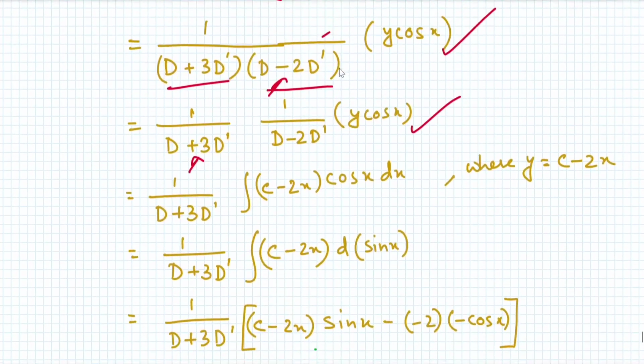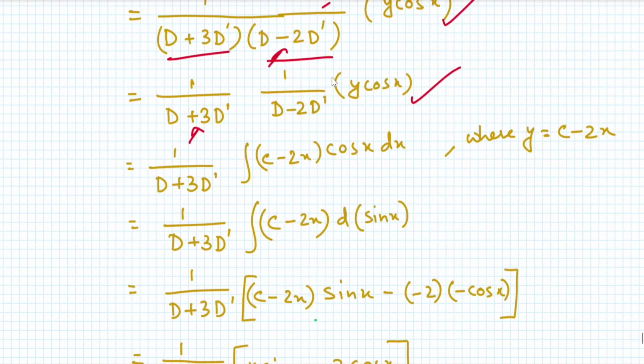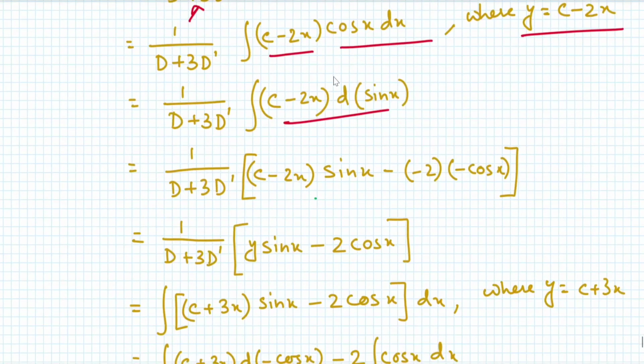So this means the integration of c minus 2x, where y equal to c minus 2x, times cos x dx. You can check this process. This is simple integration, and after integration we should replace c minus 2x by y.